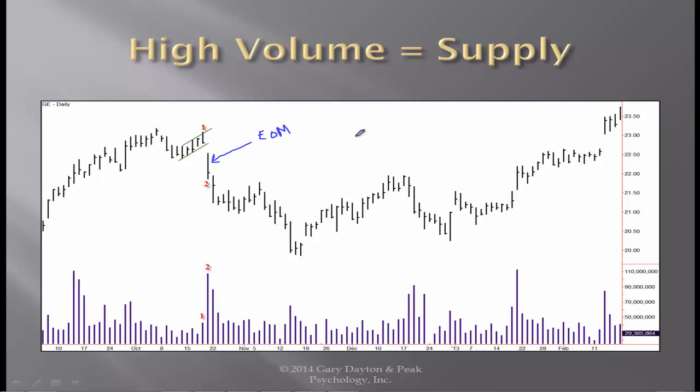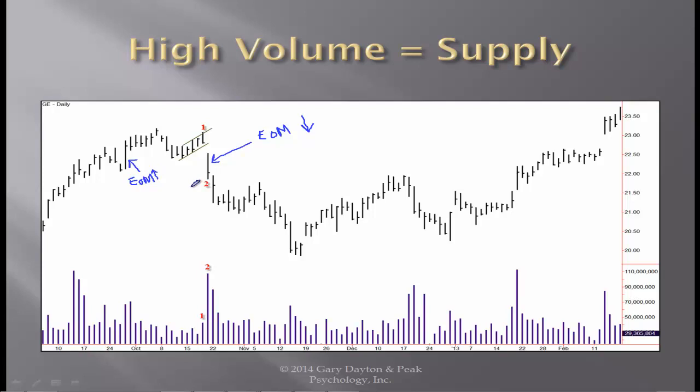And because direction is down, we would say ease of movement down. The market moves freely and quickly to the downside. On this bar here that we talked about earlier, we would say ease of movement up, but it didn't last.